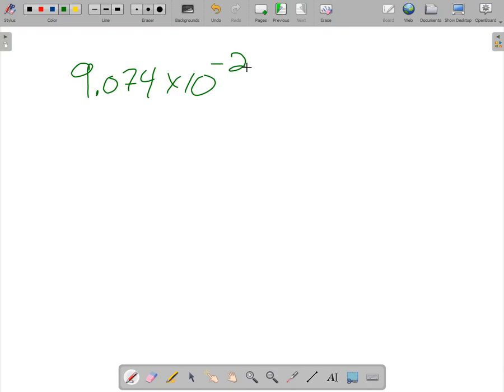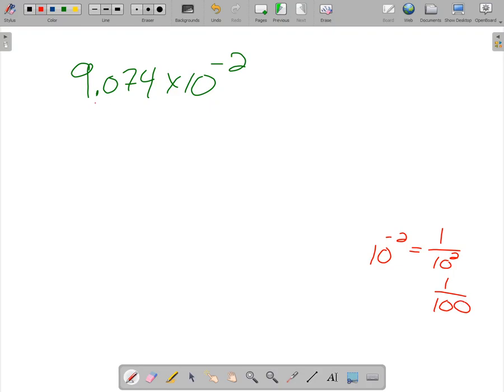So a negative exponent means I have a small number. So 10 to the negative 2 means I'm talking about hundredths. Right? 10 to the negative 2 is 1 over 10 squared. So just a reminder, negative exponents mean flip the base, which means I'm talking about hundredths.